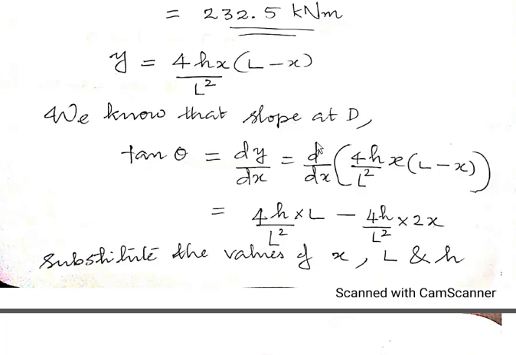So dy by dx is equal to d by dx of 4hx divided by L square into L minus x. Here you can open the bracket and find the derivative. Dy by dx is equal to 4h into L divided by L square minus 4h divided by L square into 2x.